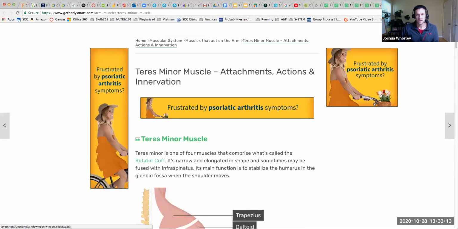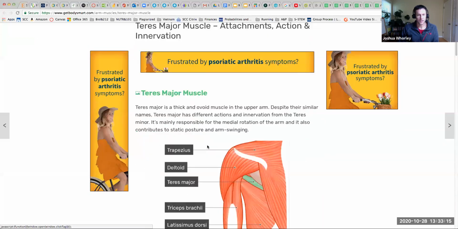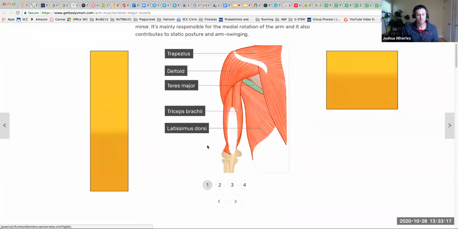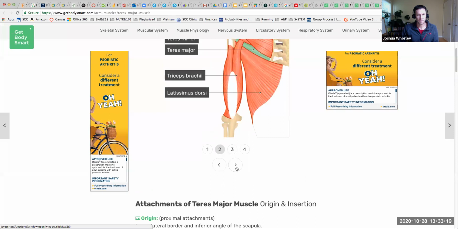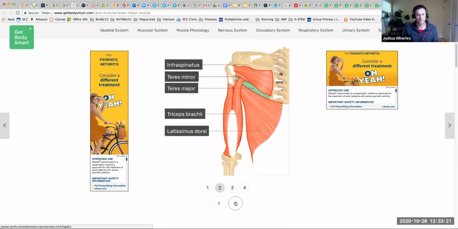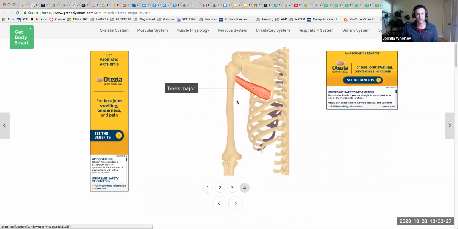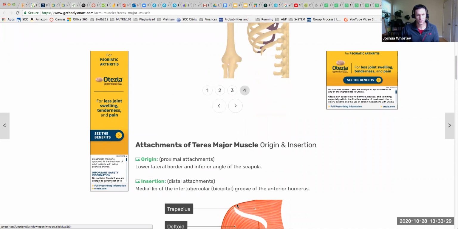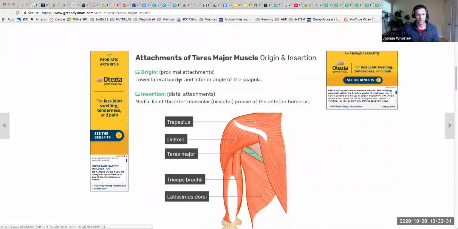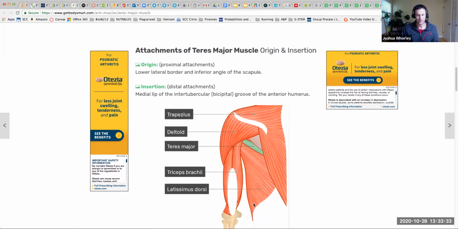And then we have our teres major and minor. Let's do that in order. So here's our teres major muscle. We'll pull everything off and see our teres major with its origin here and insertion on the front of the humerus just below that intertubercular groove. Here we go, the lower lateral border and inferior angle of the scapula.